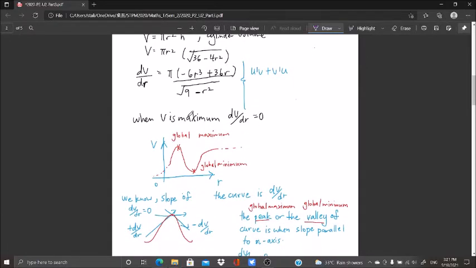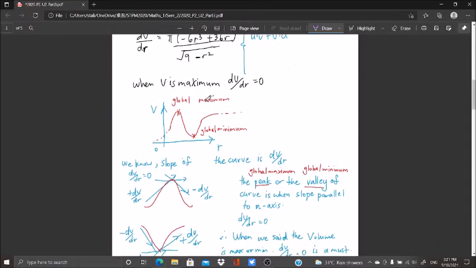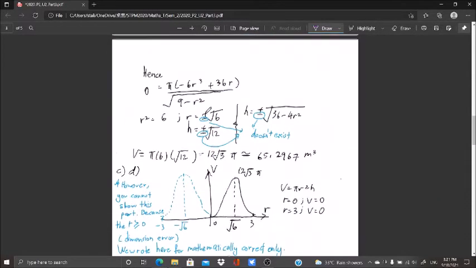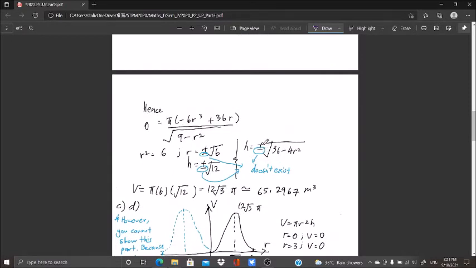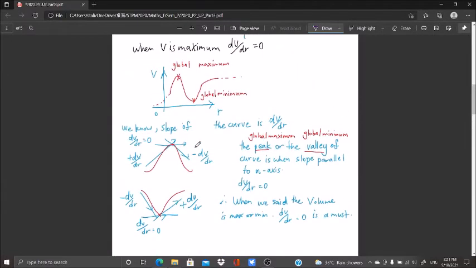So when V is maximum, dV/dr equals 0. What can we obtain? We obtain these terms. But before entering that, I'm going to explain the concept of global maximum and global minimum. Global maximum means that in the whole curve of your function, it is the highest point.